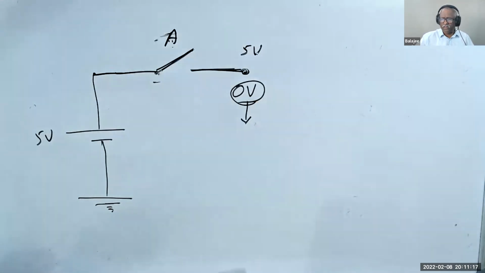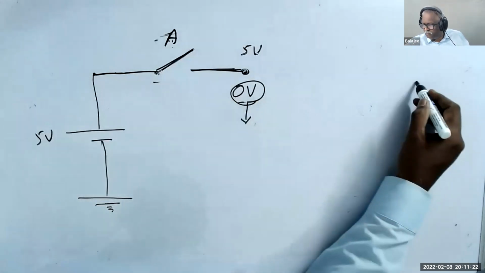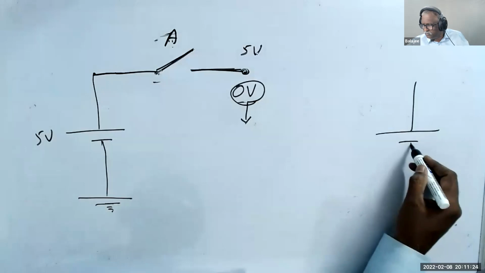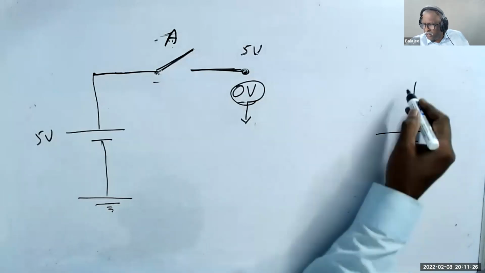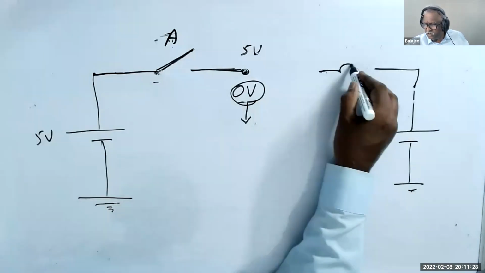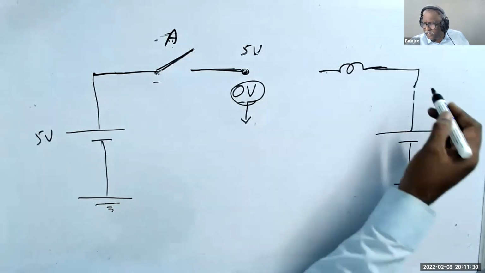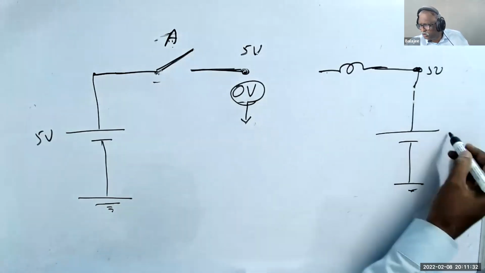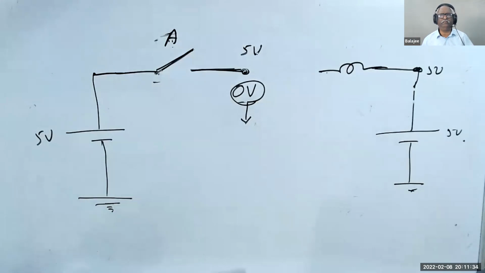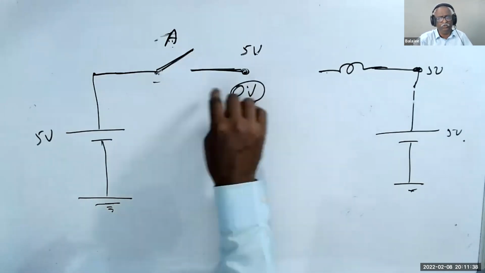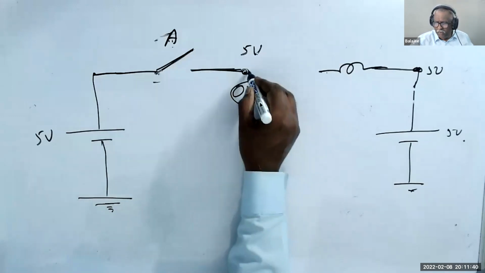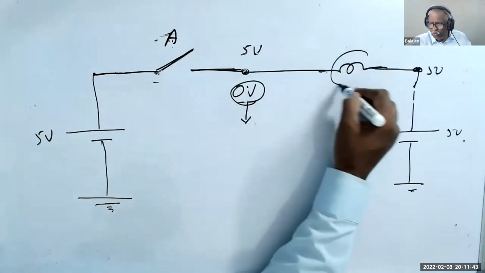But if it is 0 volt, let us assume that I have another bulb, another battery. I connect a bulb here. I get 5 volt here because this is 5 volt. Understand? If this is 0 volt when the switch is off, and I connect this bulb, the bulb should glow.